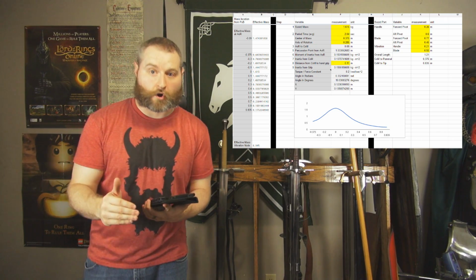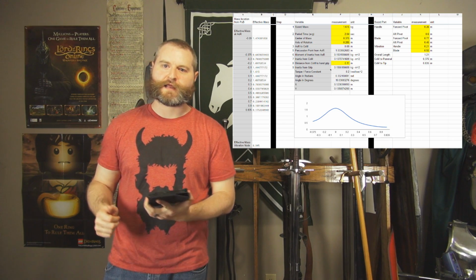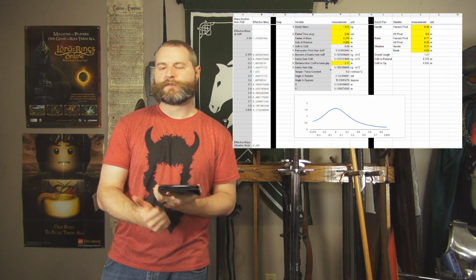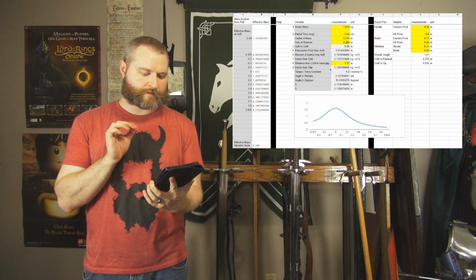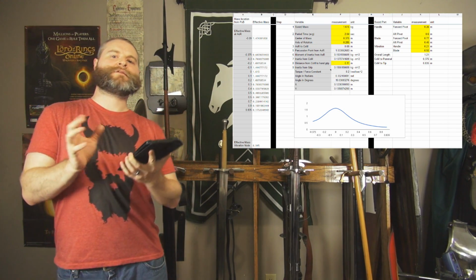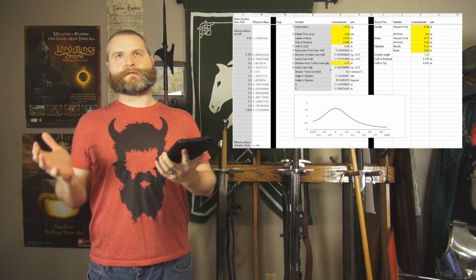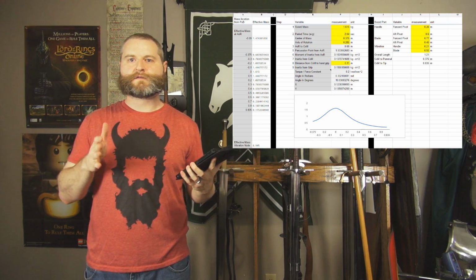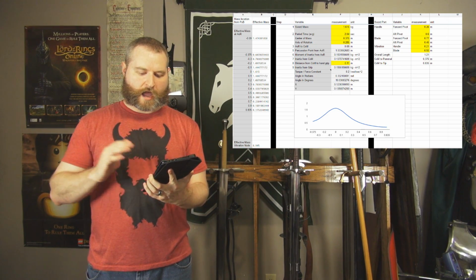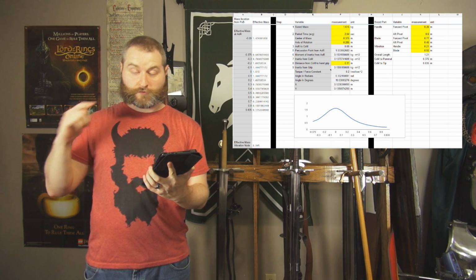So 0 represents that center of mass, and anything negative goes towards the pommel, and anything positive goes towards the tip of the blade. And you have to figure out what the very tail end of the pommel is in terms of that measurement, that negative number, and you have to figure it out to the tip.